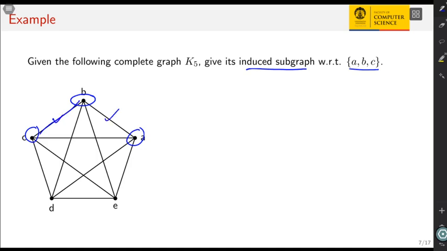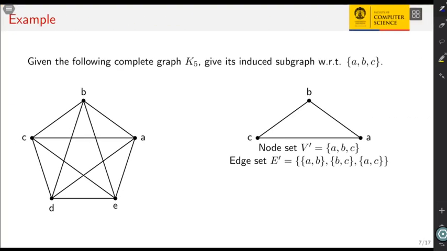So this one, and this one, right? So that will be the induced subgraph. So here is the result. So you take the set of nodes A, B, C, and only take the edges from the original graph that connect only those A, B, or C, any pair of those 3. Right, so that's induced subgraph with respect to a set.